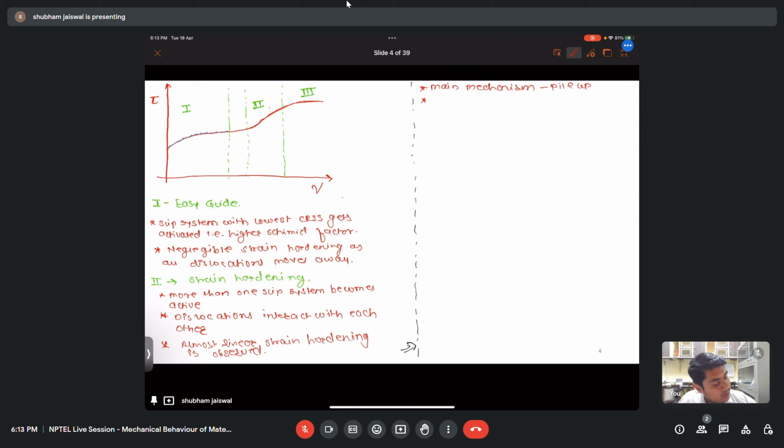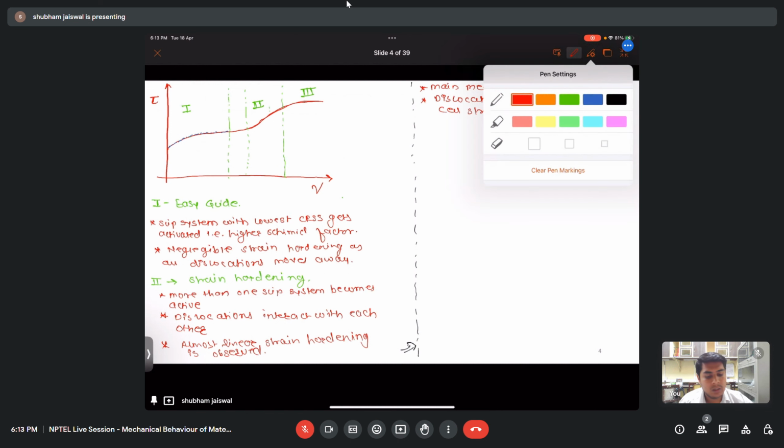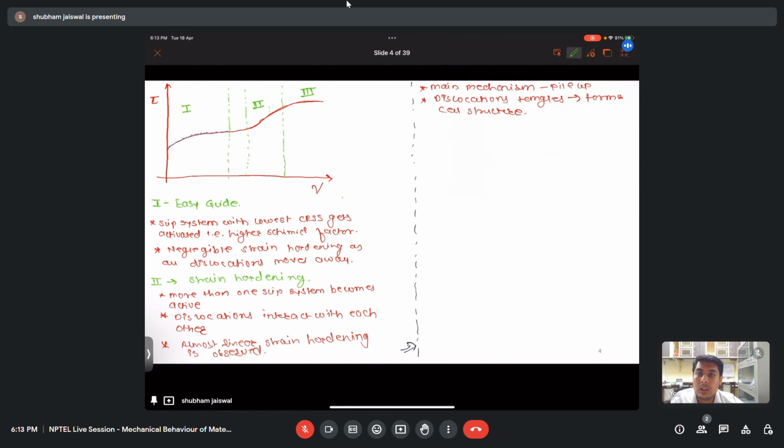Then the dislocations tangle with each other and they form the cell structure. Okay.